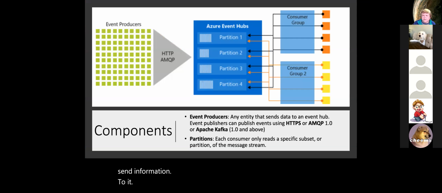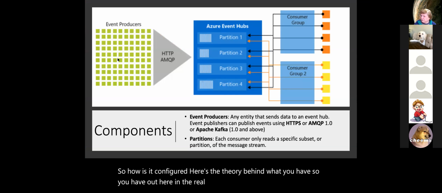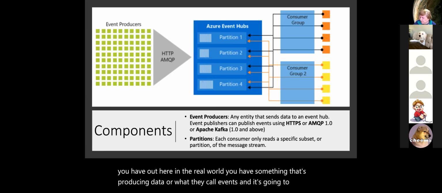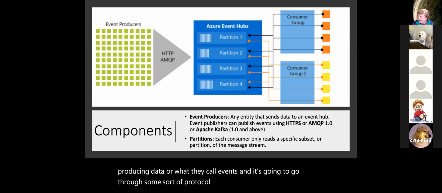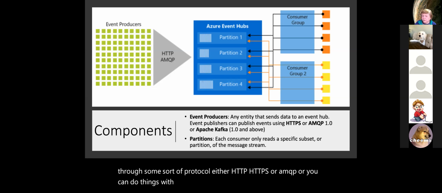So how is it configured? Well, here's the theory behind it. Out here in the real world, you have something that's producing data, or what they call events. It goes through some sort of protocol, either HTTP, HTTPS, or AMQP, or you can set things up with Apache Kafka to handle that.